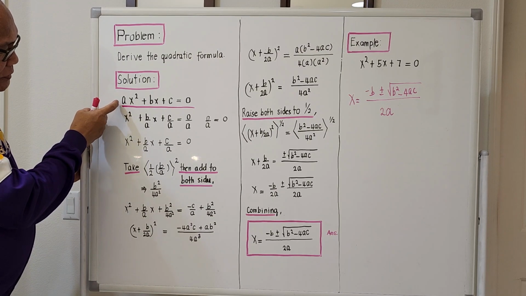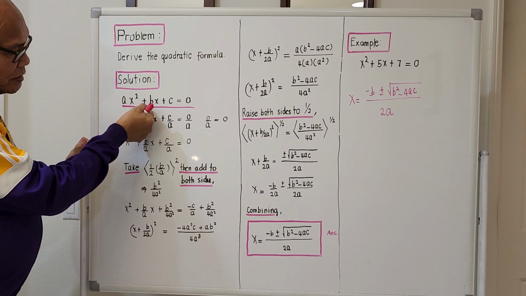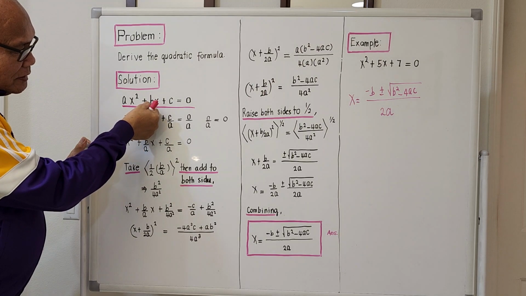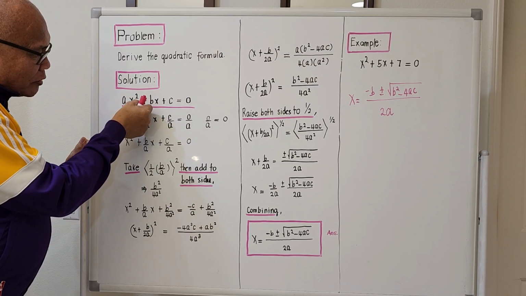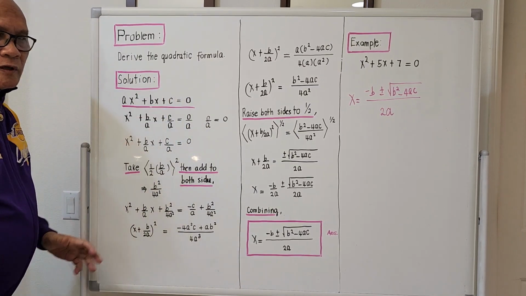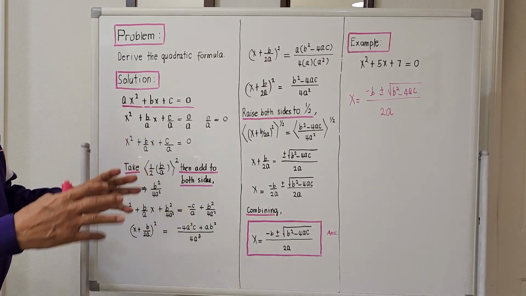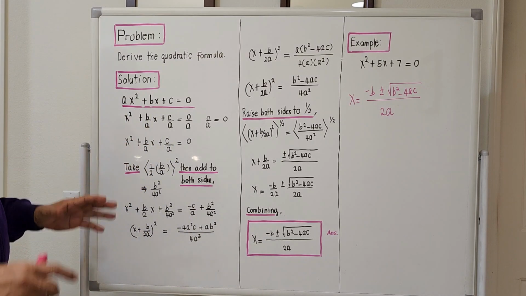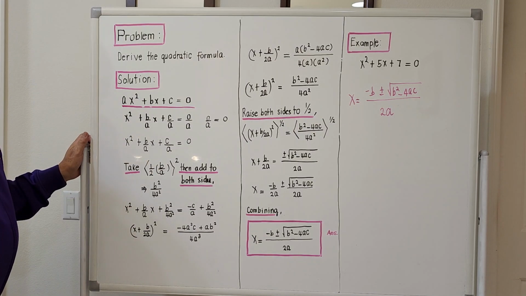The first coefficient is a, the second coefficient is b, and the pure constant term is actually c. All the operations are plus. Okay, so these are all plus. So if there comes a time that there is a negative sign over there, you assume for the meantime that the operation is still a plus, okay?